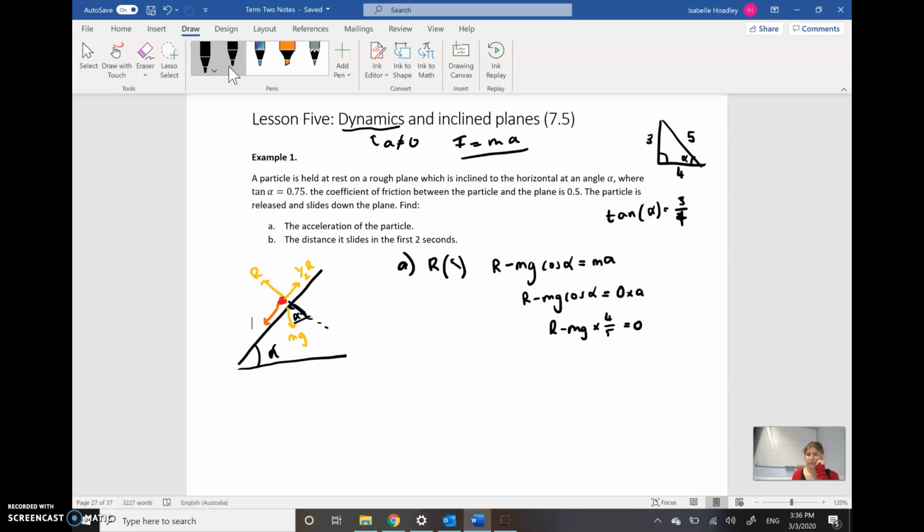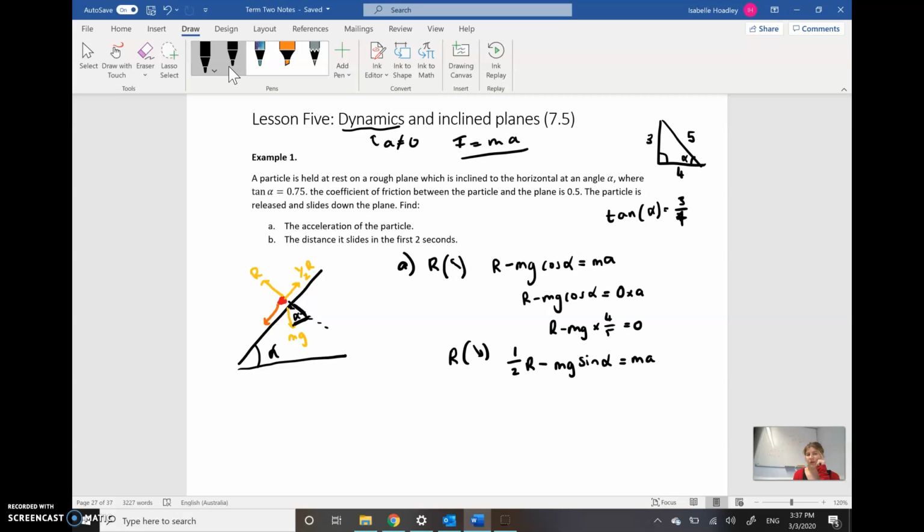Lovely. I'm then going to resolve in the opposite direction, so we're going to look at the horizontal components. My horizontal components: a half R, minus mg sine alpha this time, for the horizontal component of that triangle, equals mass times acceleration.